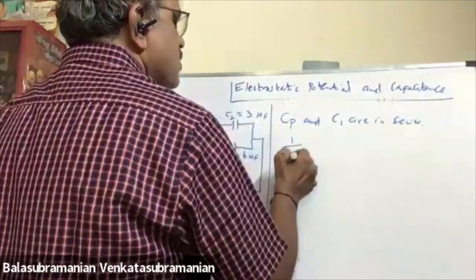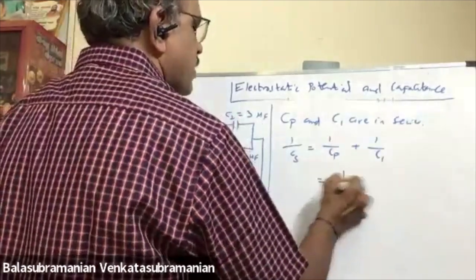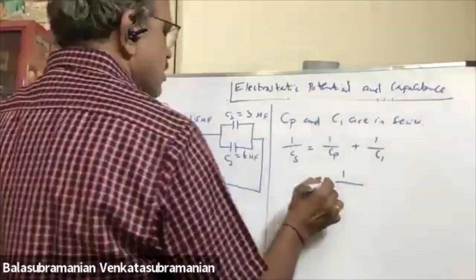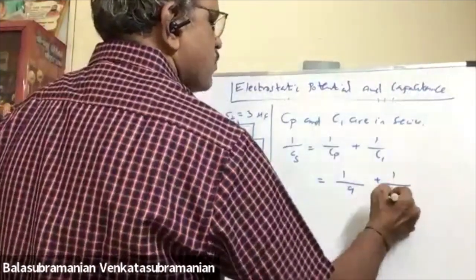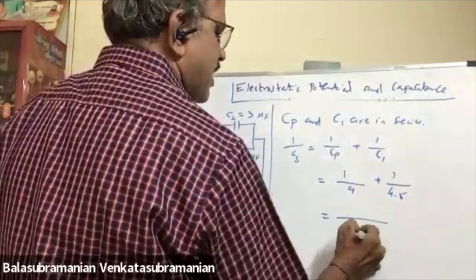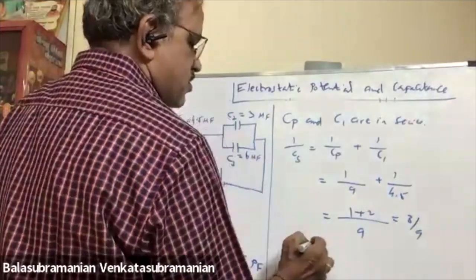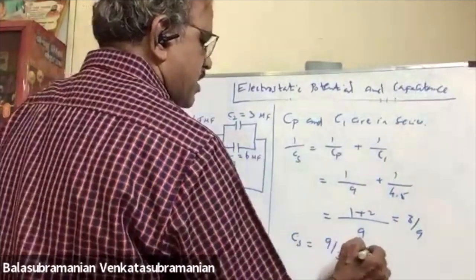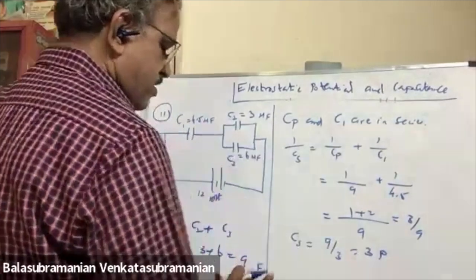So 1 by Cs is equal to 1 by Cp plus 1 by C1. Cp is 9, C1 is 4.5. 9 LCM, 1 plus 2, 3 by 9. So Cs is 9 by 3, 3 microfarad.